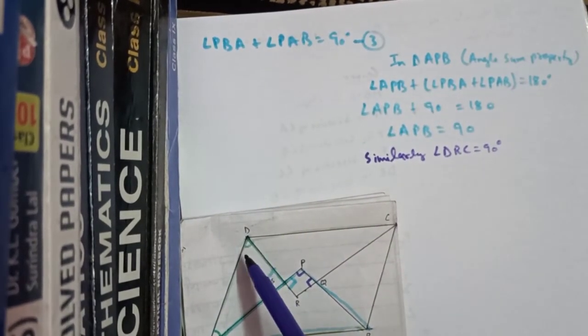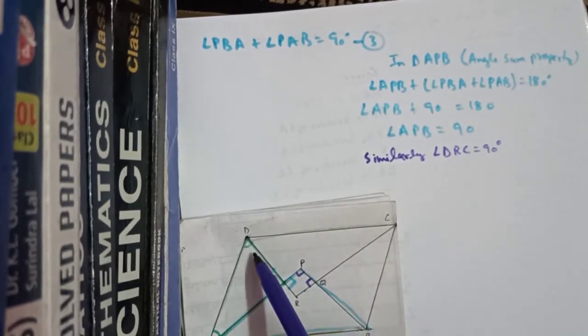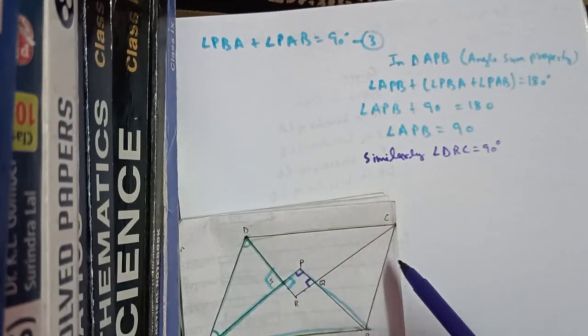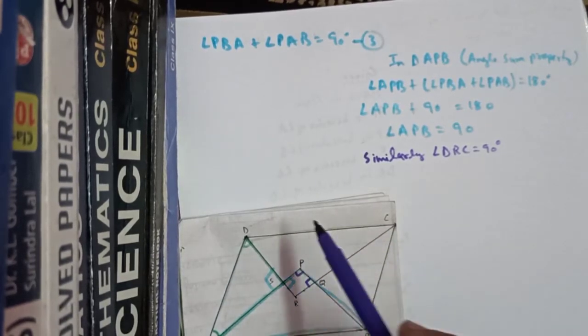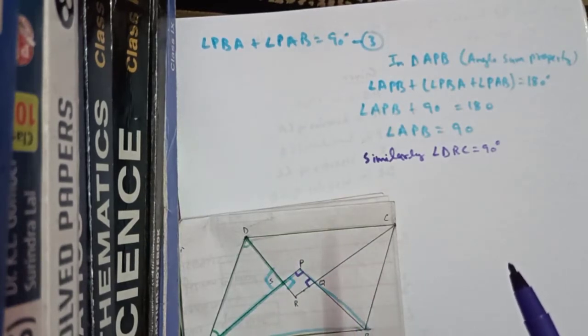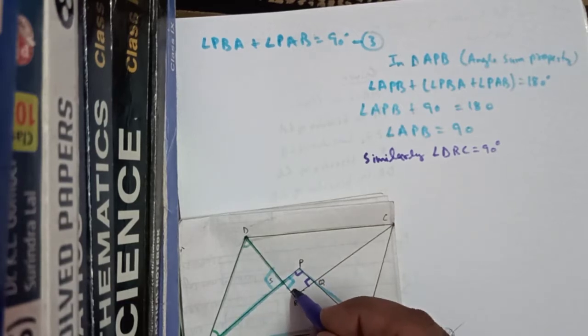Take a look at angle D and angle C: they will be supplementary because BC and AD are parallel lines. So half of angle D and half of angle C will be complementary. So angle DRC will be equal to 90 degrees, and so this angle is also 90.